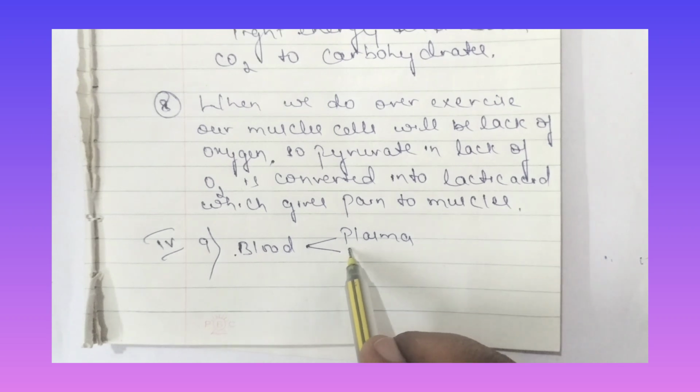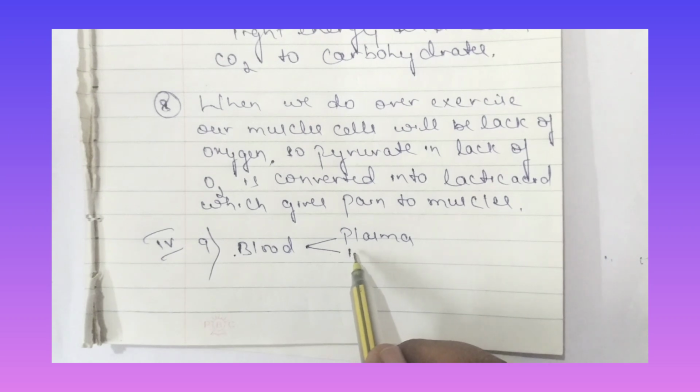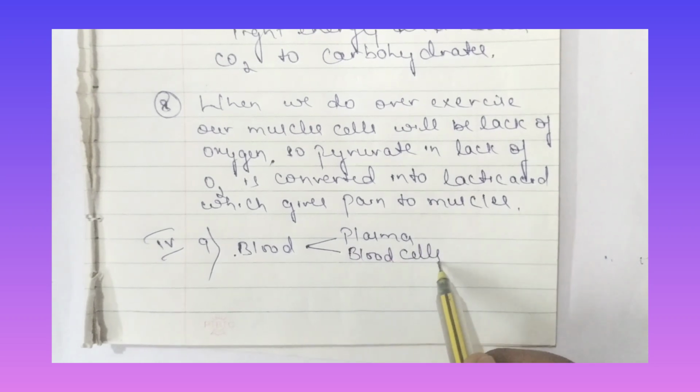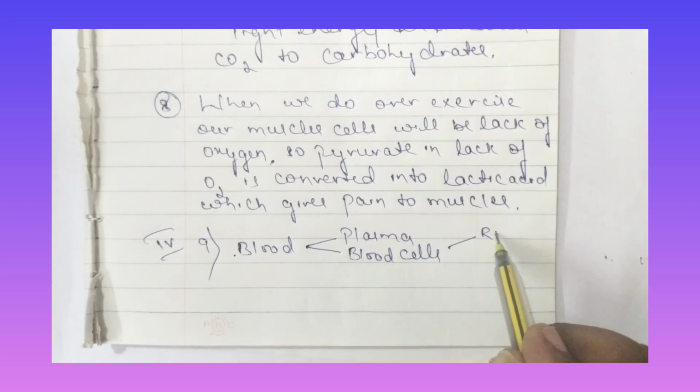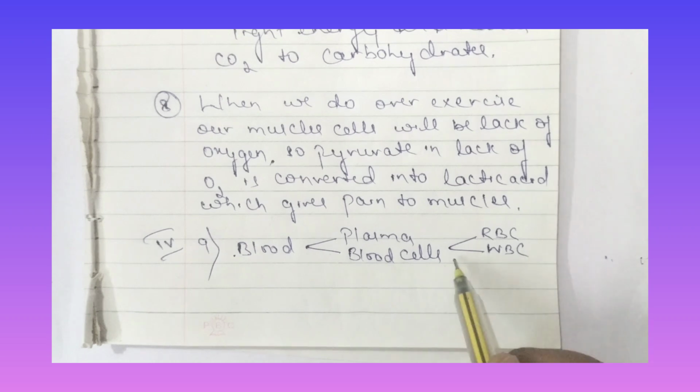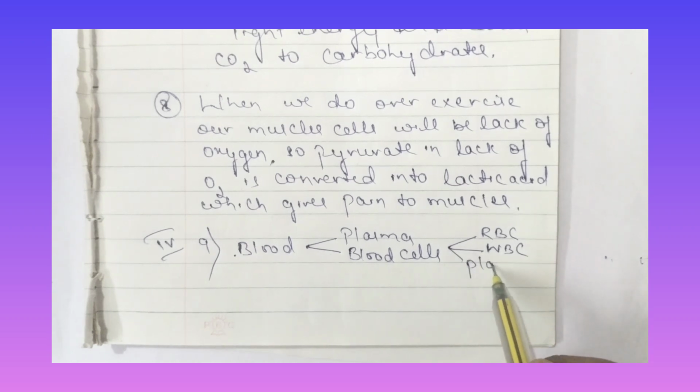The components of blood are plasma and blood cells, and these blood cells are RBC, WBC and platelets.